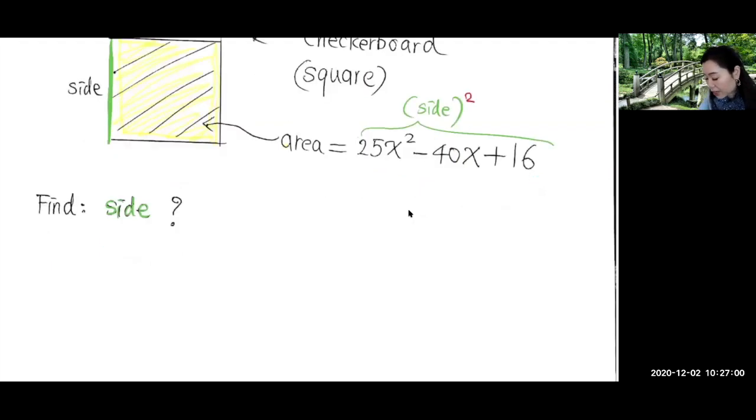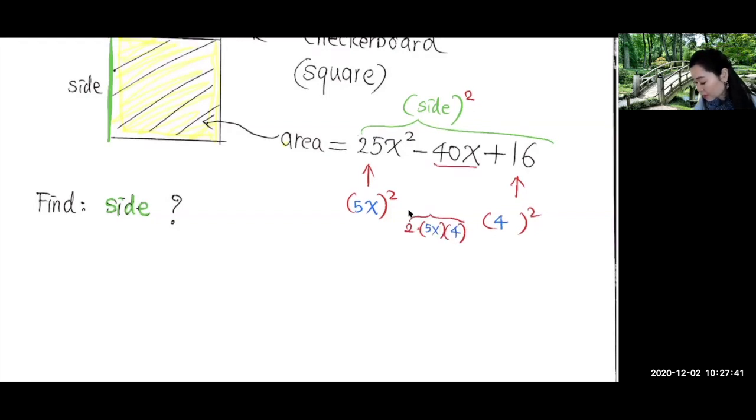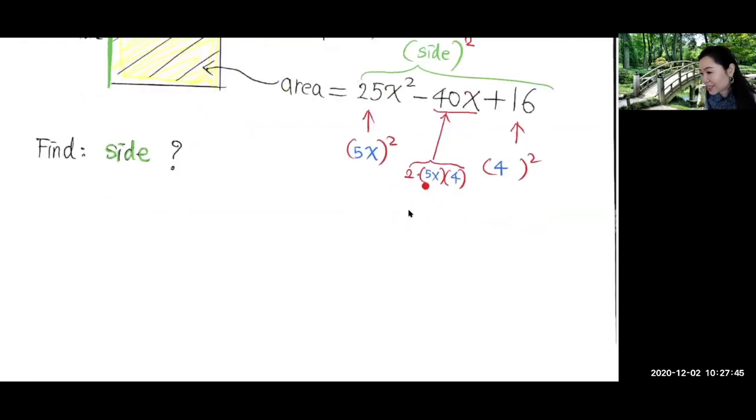Okay, so let's see if I can write it as a perfect square. 25 is the square of what? 5x. Okay, and 16 is the square of 4, right? Now, let's check the middle. 2 times 5x times 4 is going to match this 40x over here.